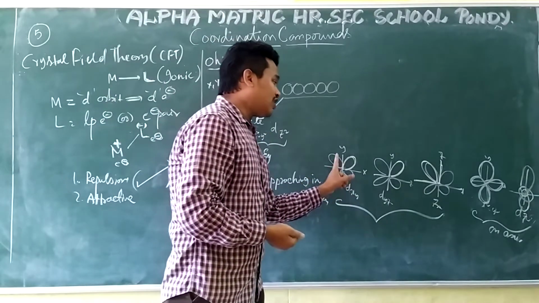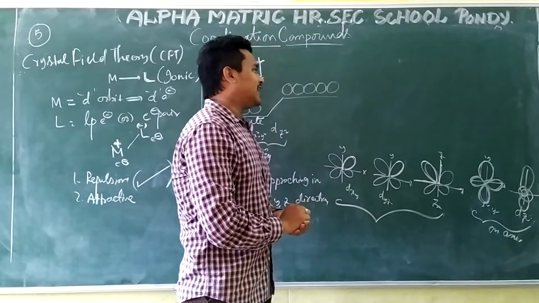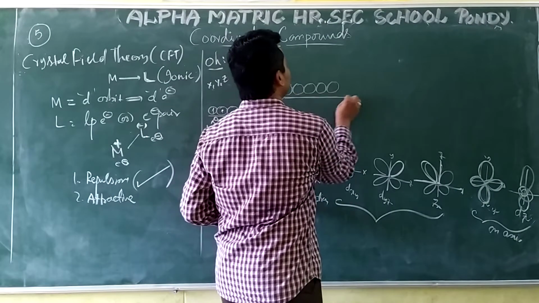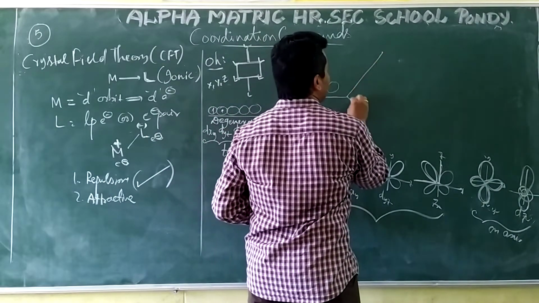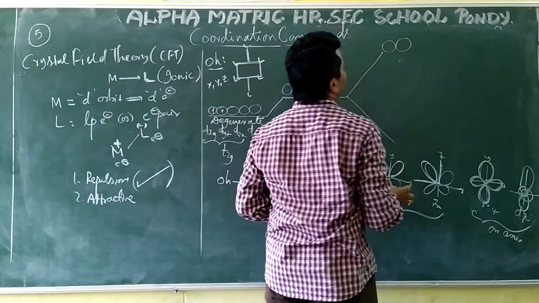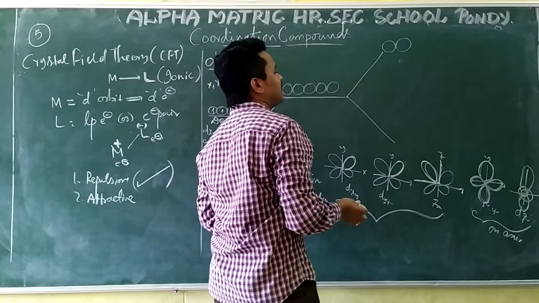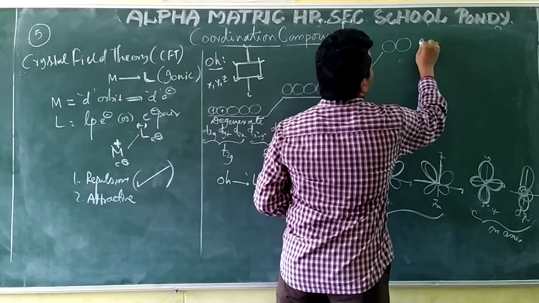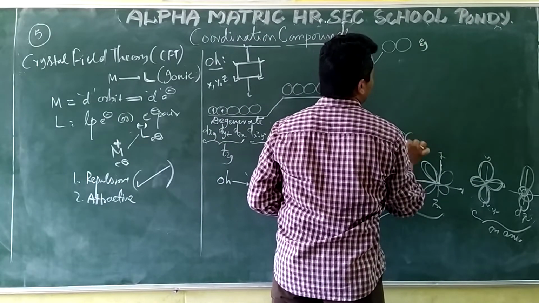The orbitals having electron density in between the axes get less energy. Out of these five, some go to higher energy, some to lower energy. Higher energy orbitals are those having electron density along the axis. These two are going up, these are eg. These three are coming down.